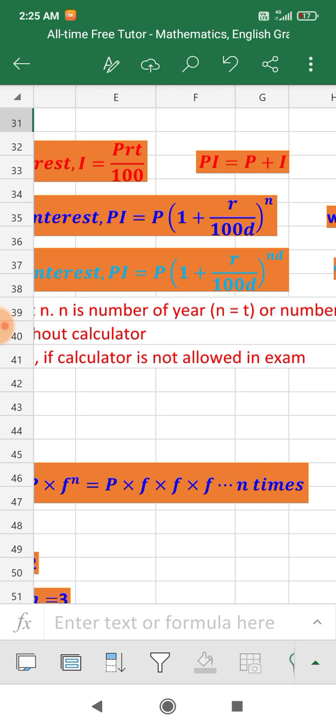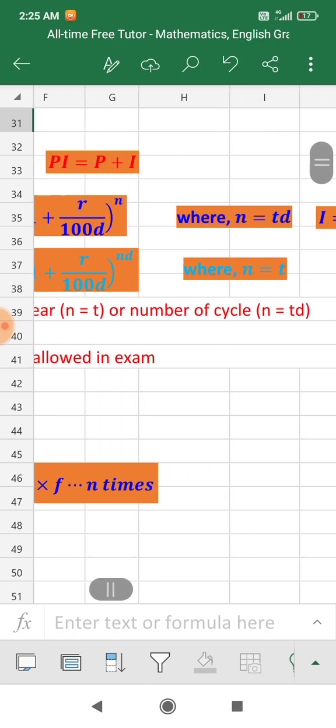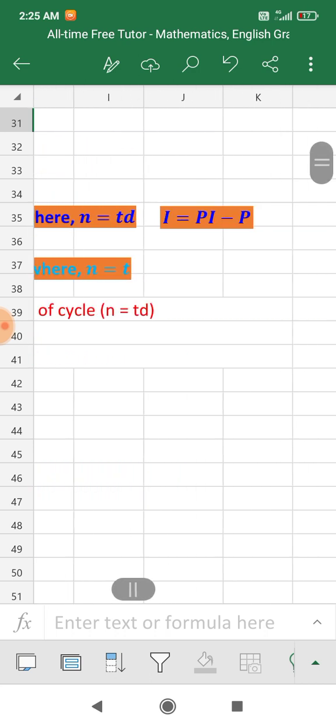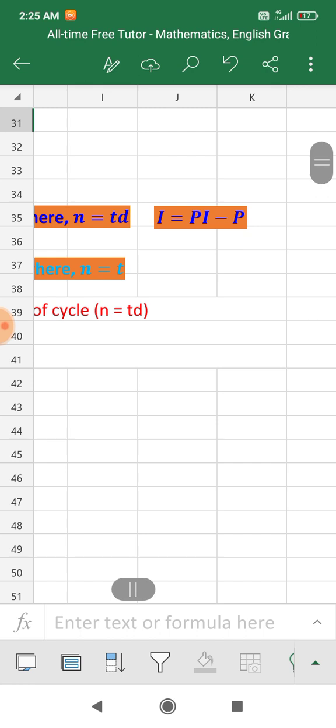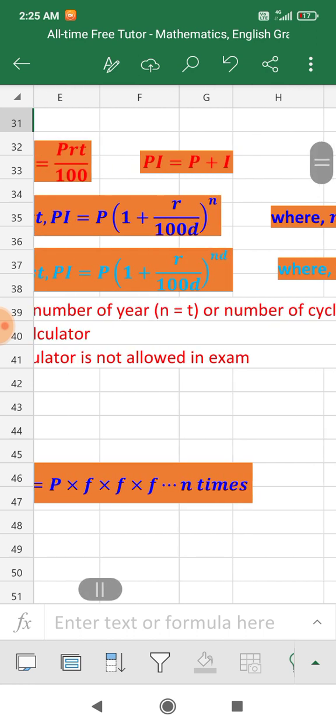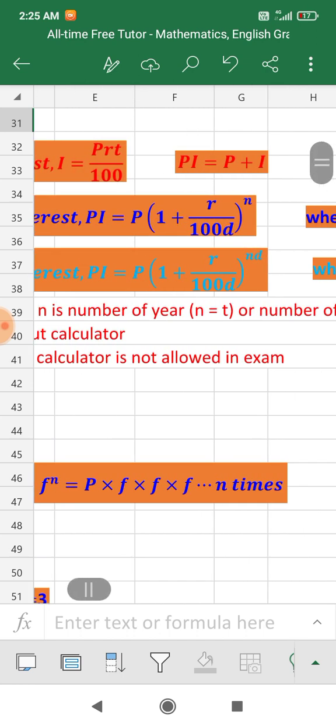But in case of compound interest, we have to calculate the PI first and then we have to calculate the I. This formula is not an easy task to calculate without a calculator.